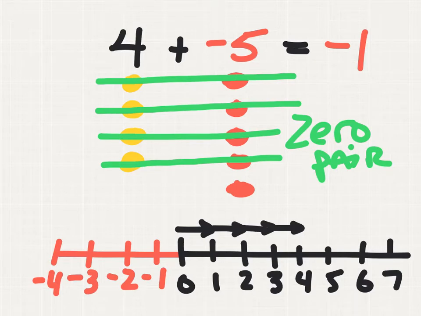And since I know negative 5 is left from 4, I'm now going to go left 5 places to represent the negative 5. And when I do, I land at negative 1. Negative 1 is 5 places to the left of positive 4. 4 plus negative 5 equals negative 1.